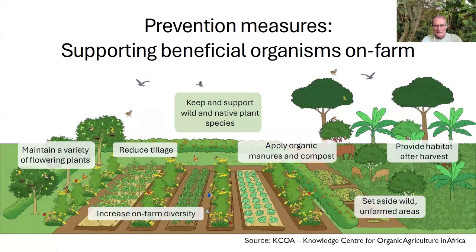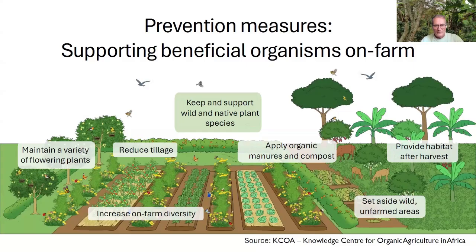And here we have a situation, it's not coffee, it's just an annual crop, but I just wanted to show you the importance of supporting beneficial organisms on farm. Let's say now it's mainly a vegetable farm. So besides increasing on-farm diversity, apply organic manures, compost, and you may reduce the tillage a bit.